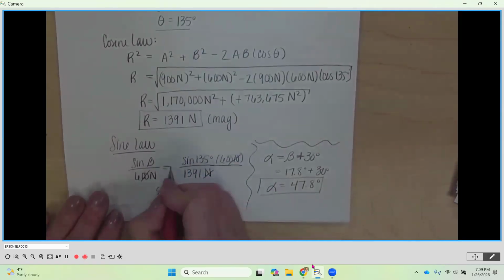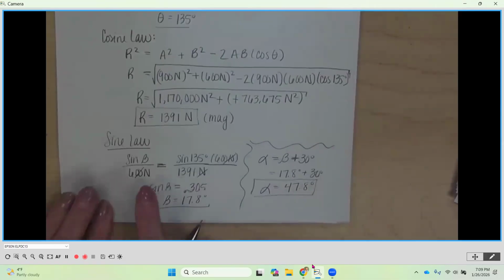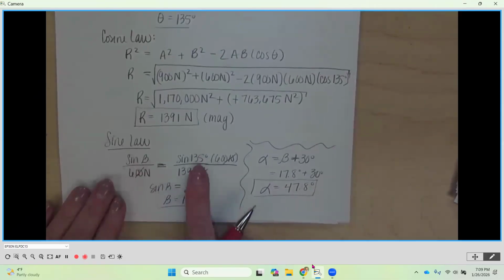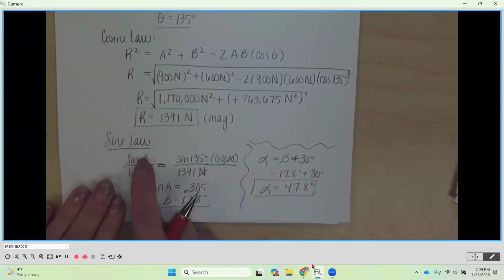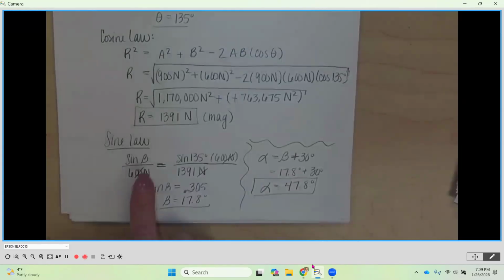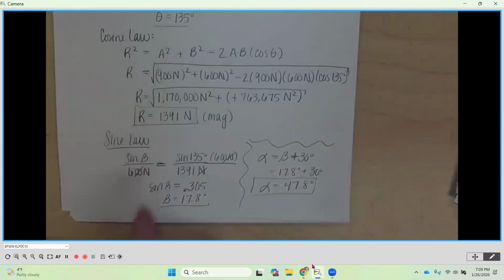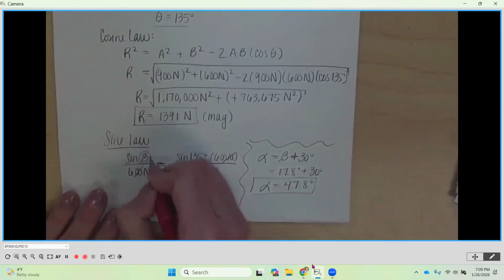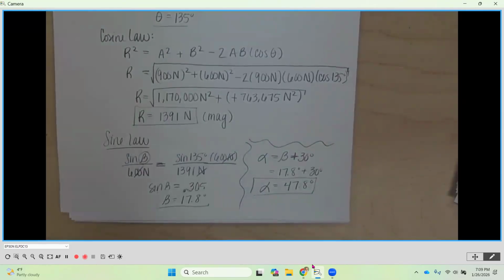It's just that however you set up your equal sign here, you have to set it up in the same format on this side. So if you put your angle on top and your length on the bottom, it has to be that same way on both sides. The only reason I picked to put the sine on the top here was because this was my only unknown value, and I like having that in the top. It's just less rearranging I have to do.